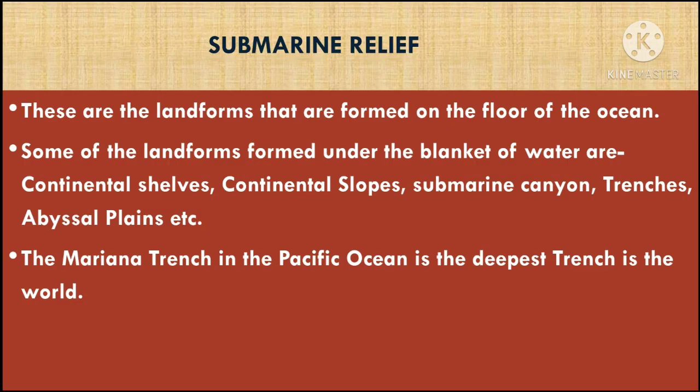Now moving on to the next topic, that is submarine reliefs or submarine features. What are submarine reliefs? A relief means landform. So these are the landforms that are formed on the floor of the ocean. We know that the ocean is a huge mass of water. Below the surface of the ocean there is a landmass, a landform that is developed below the blanket of the ocean water.